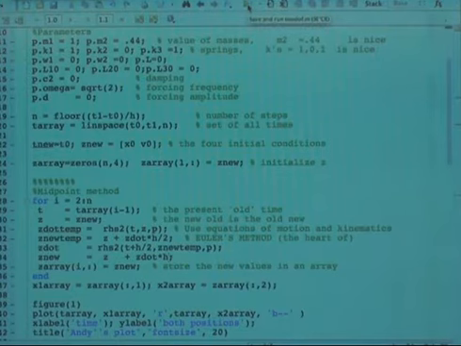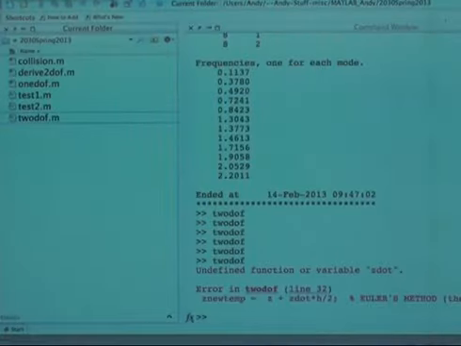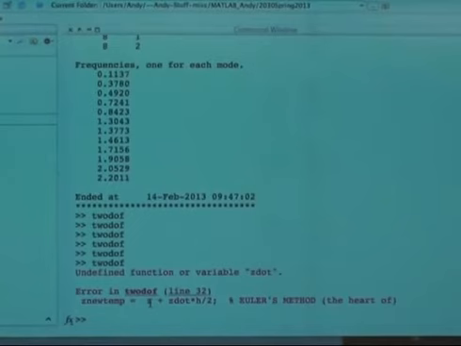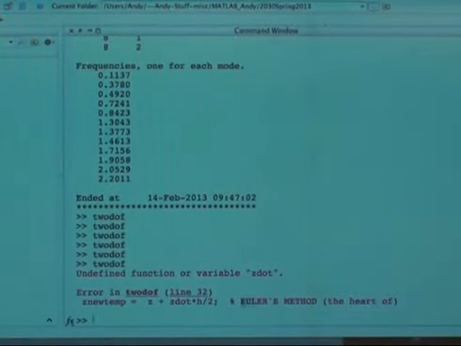So now I run the code again. I'm doing twice as much calculation as I was doing, so it should come out more accurate anyway. I run this thing and probably have some error of some kind. It said undefined function or variable z dot.